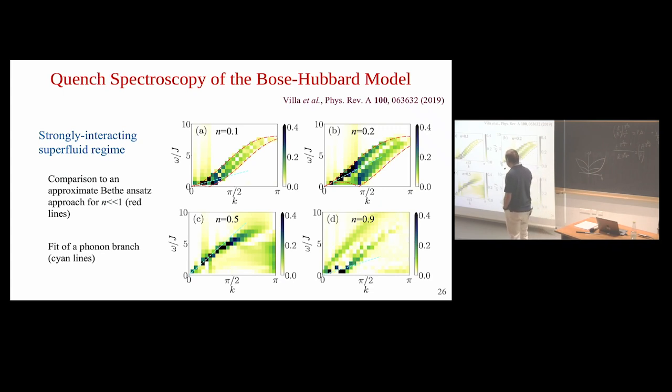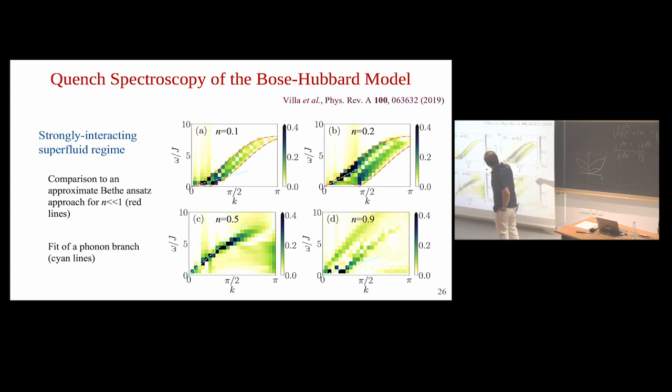Okay, this is an example that I like a lot, which is a strongly interacting superfluid regime. We are in the superfluid, but the interaction is very strong, and then we vary the density. This is a relatively small density, this is large density, and we play the same game. Here we observe a very nice feature that is very similar to what you expect in the Lieb-Liniger model. For low density, this is what you expect: you have these two branches, the particle branch and the hole branch, that appear directly in this spectroscopy.